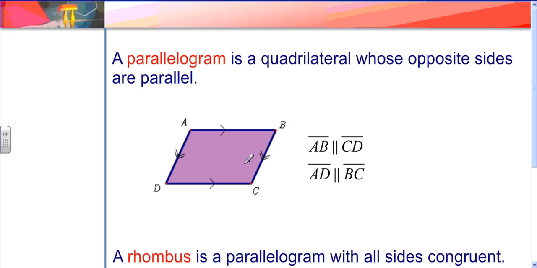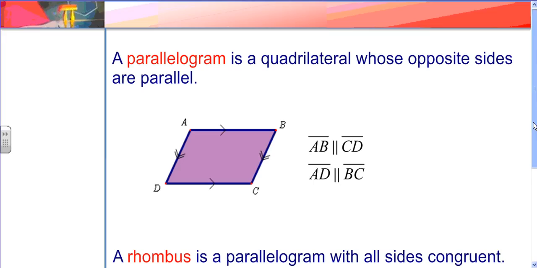So for example, if you knew the coordinate points of A, B, C, and D, you could find the slopes of the sides. And if the slopes of the opposite sides were the same, you would know that they were parallel. So there has to be some information that allows you to conclude for sure that those opposite sides are parallel. If they are, then it's a parallelogram.